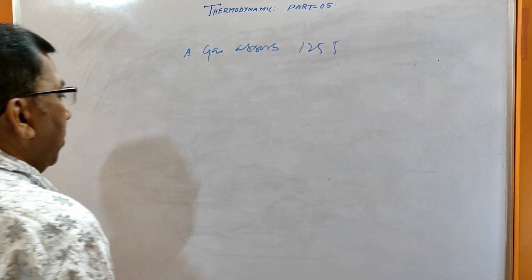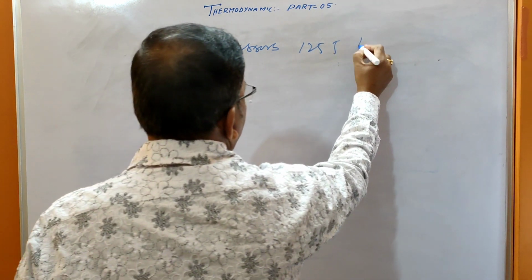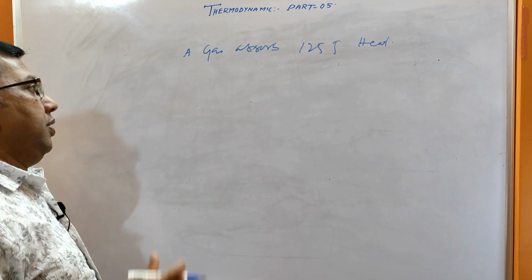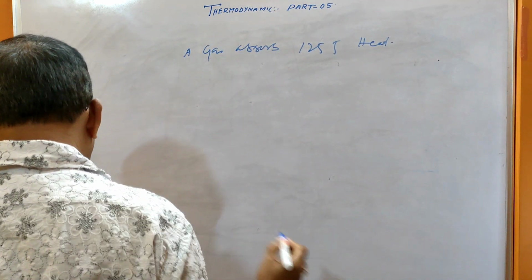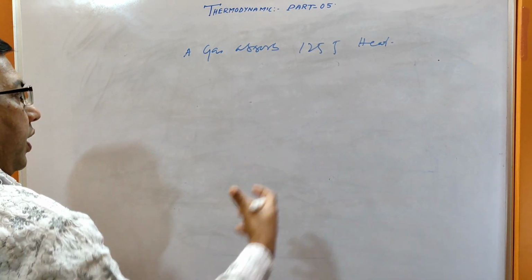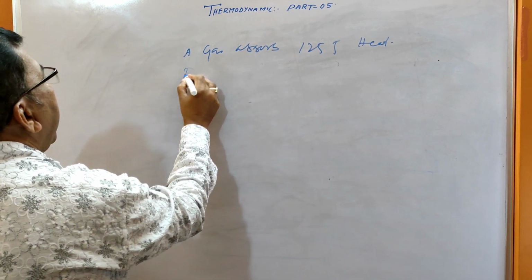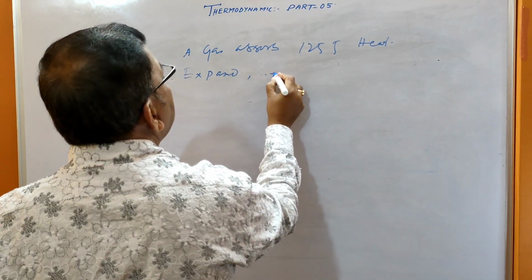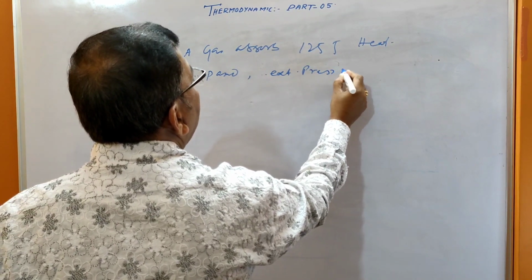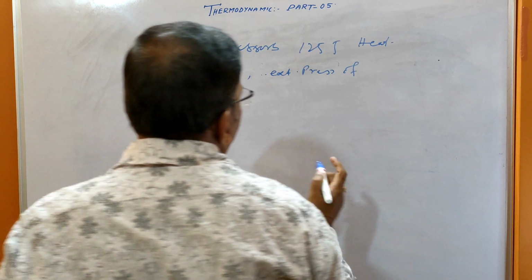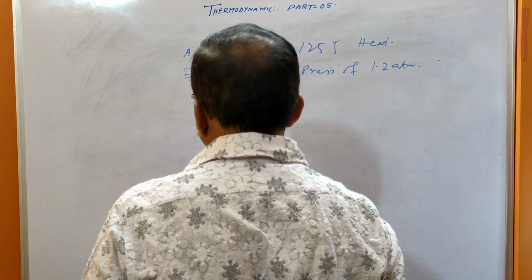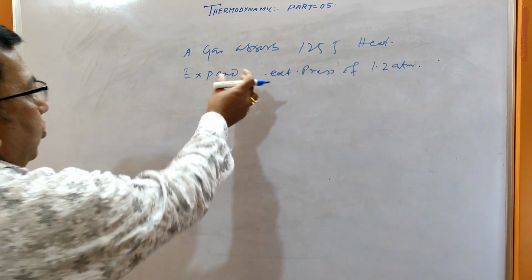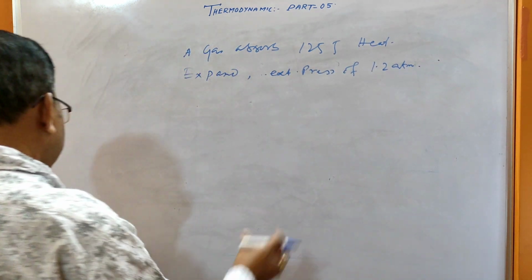In a system, a gas absorbs 125 joule of heat, and after absorbing, it expands against an external pressure P external of 1.2 atmosphere.